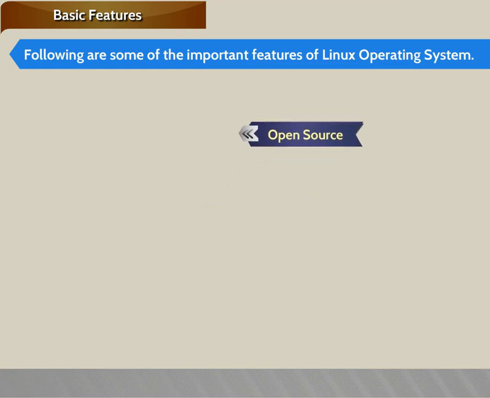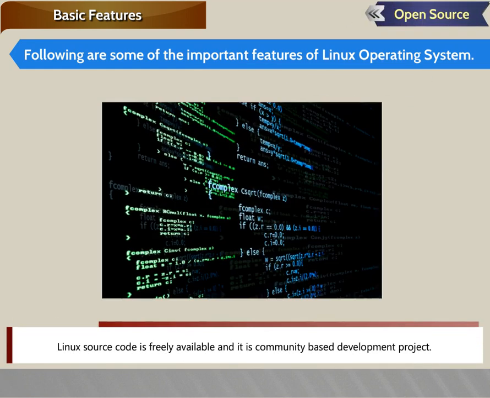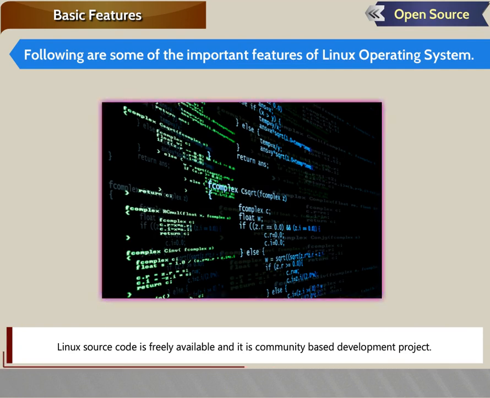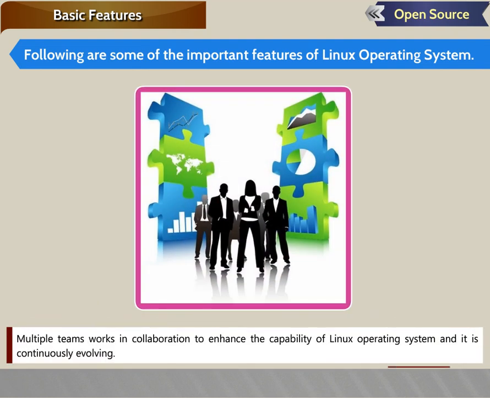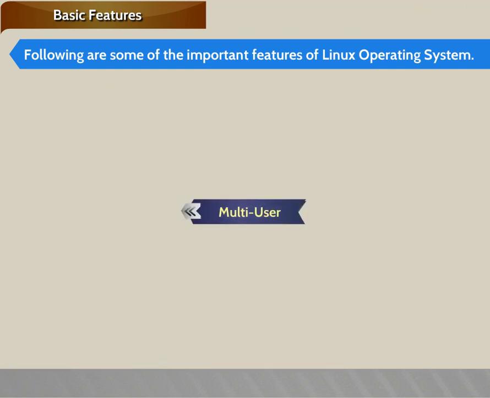Open source. Linux source code is freely available and is a community-based development project. Multiple teams work in collaboration to enhance the capability of Linux operating system, and it is continuously evolving. Multi-user.